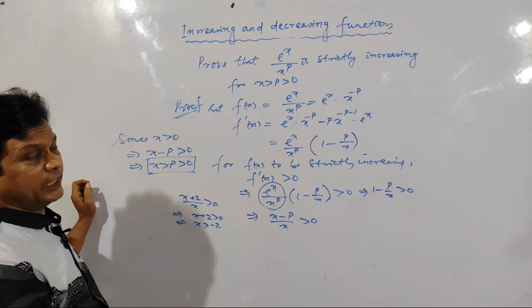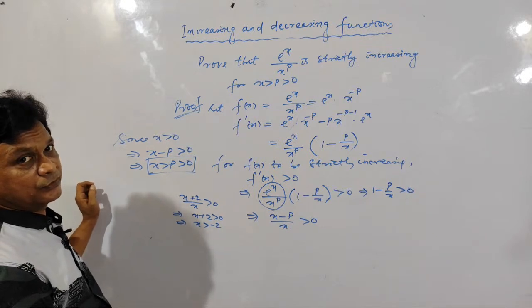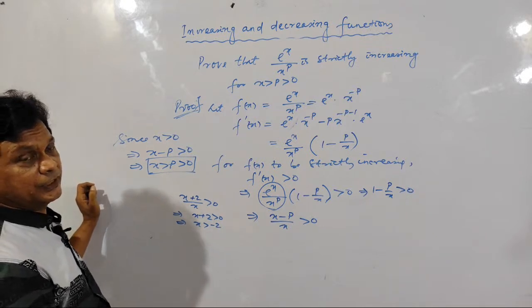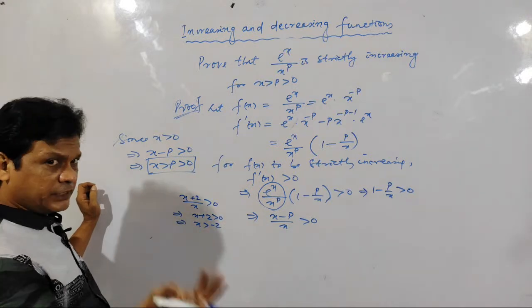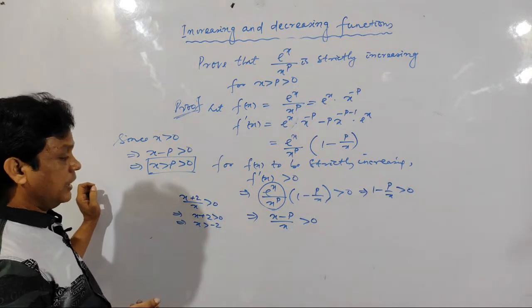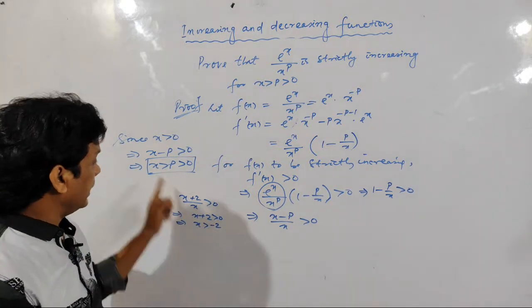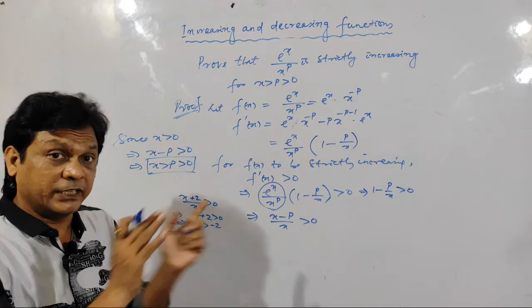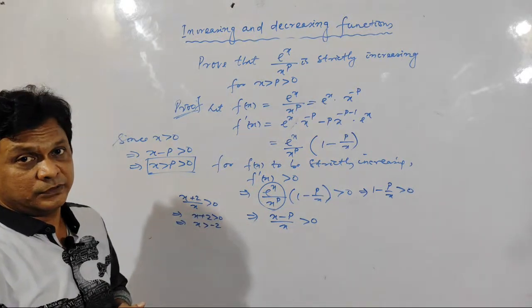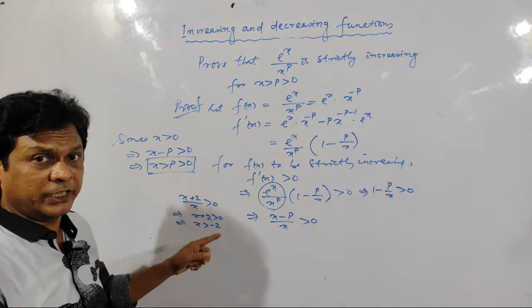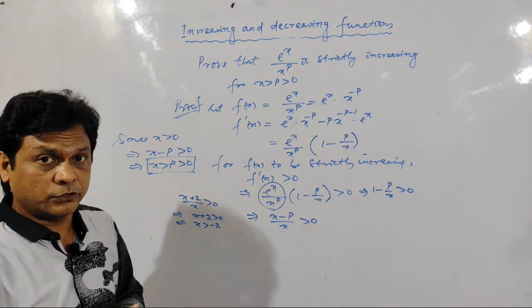Clear? x is positive and it should be greater than minus 2. If we only take x greater than minus 2, it would include minus 1 also.